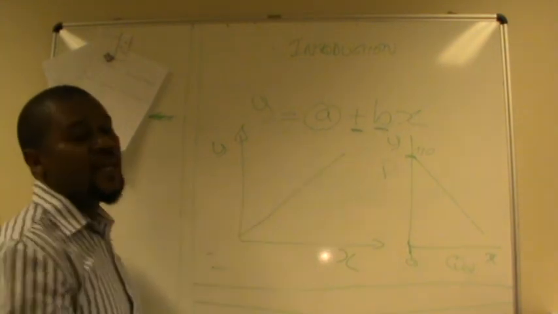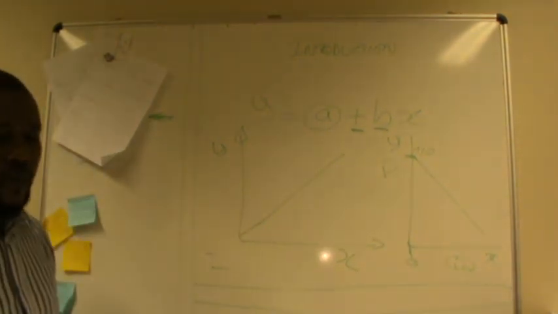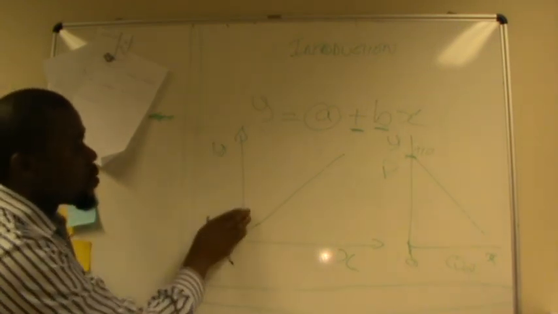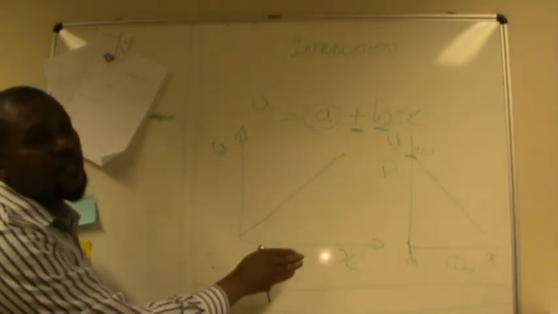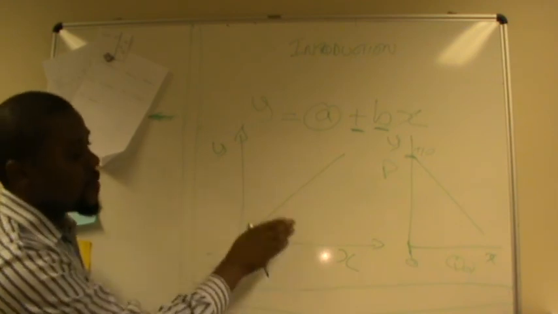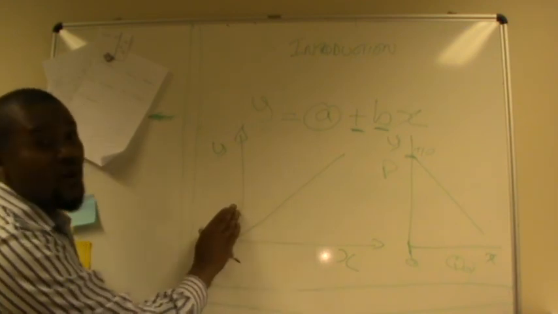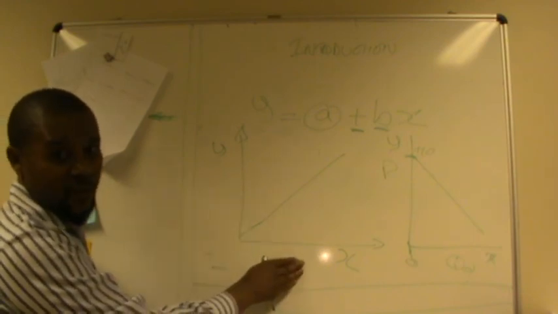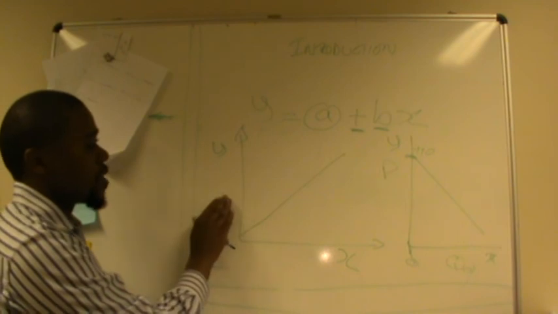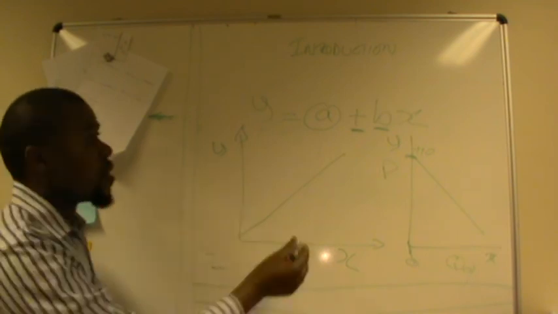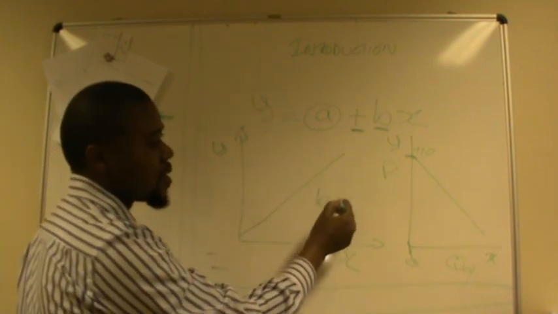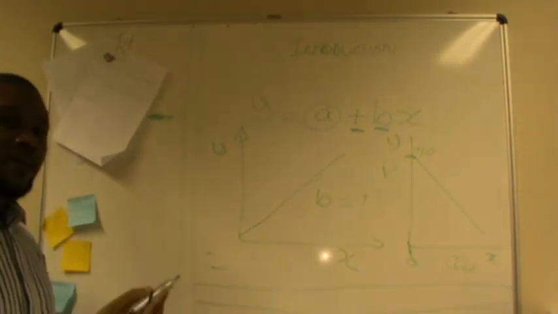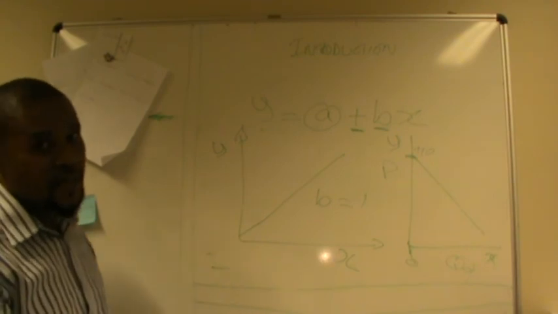And as I said, as well as that, the value of b, which is the slope. Because the value of b tells you as y increases, by how much x is increasing. So what is the relationship? Does y increase by 10%, and that leads to an increase of 10% as well? So you've got a 10% to 10% increase, which would mean that your b equals 1. It's a 1-to-1 relationship. A 10% increase leads to a 10% increase.